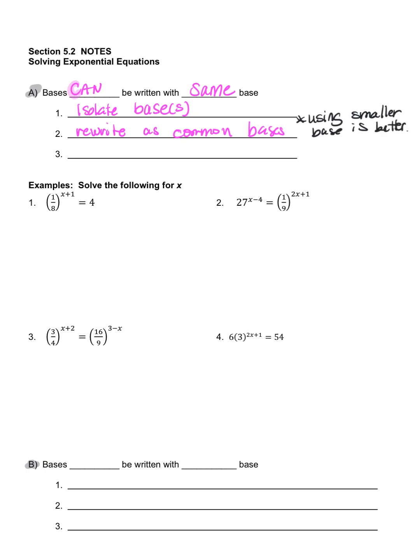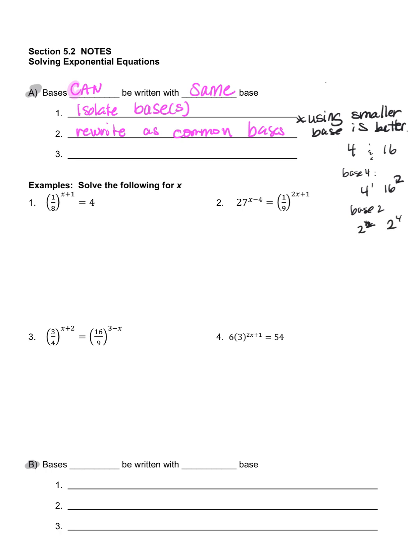So for example, 4 and 16 can be written in two ways. We can write with base 4, and we would get 4 to the first power, and this is going to be 4 squared. Or you can do base 2. So this would be 2 squared, and this would be 2 to the 4th.